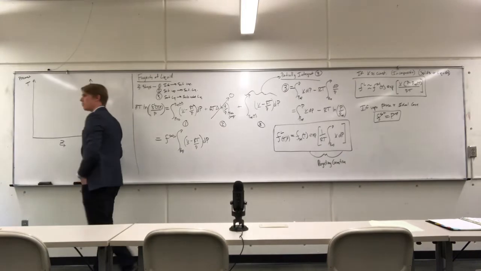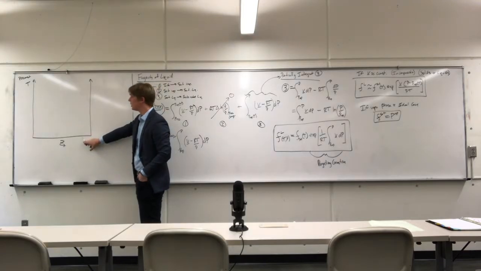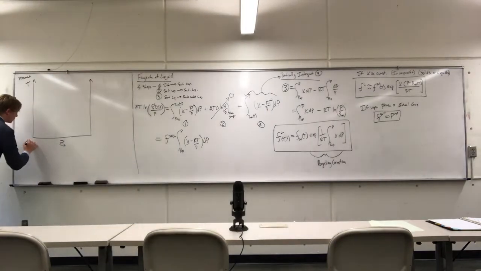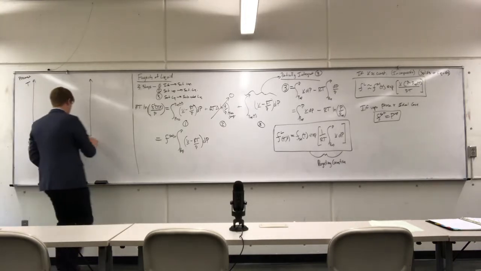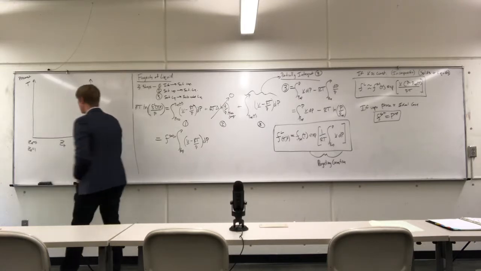For a binary mixture, we draw TXY diagrams with the most volatile component on the x-axis. So if we take a pure fluid right here, this is Z of A equals 0, or the mole fraction of B equal to 1. Over here, the mole fraction of A is equal to 1, and the mole fraction of B equals 0.